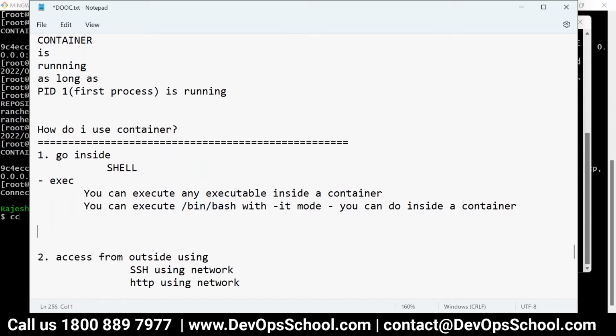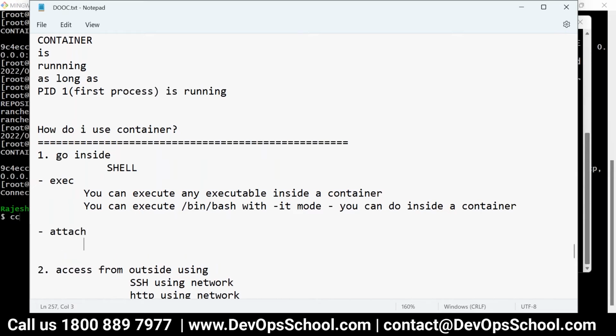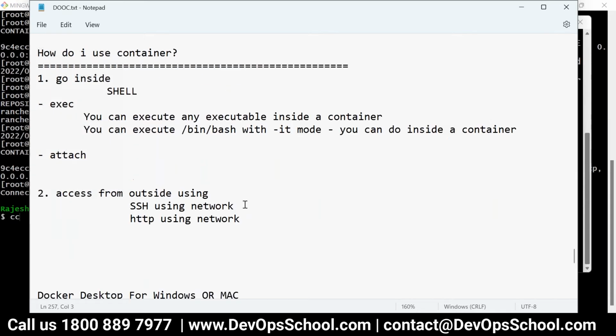Now the question is, there's one more command which we have, which is attach. Now I have tried it out. I don't know how many of you have noticed it. I tried attach. Now what is attach doing? So guys, using the attach command, mind it, you can get attached to the PID1 shell, you can say PID1 session.